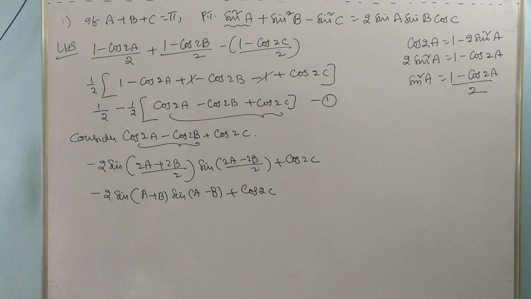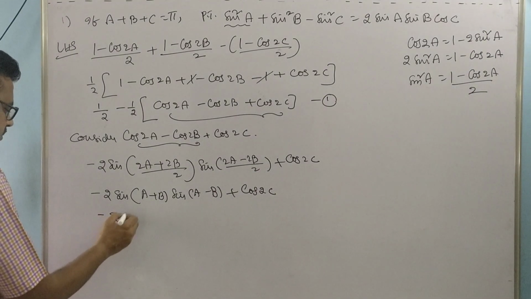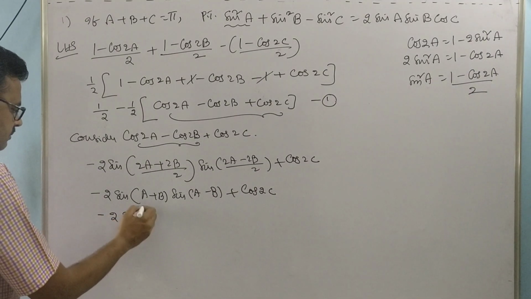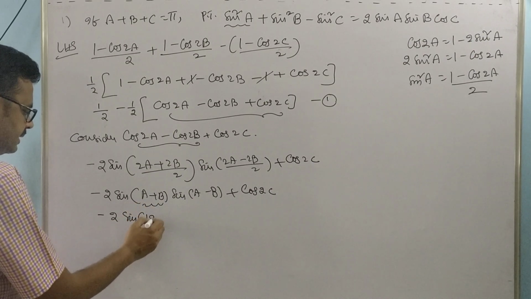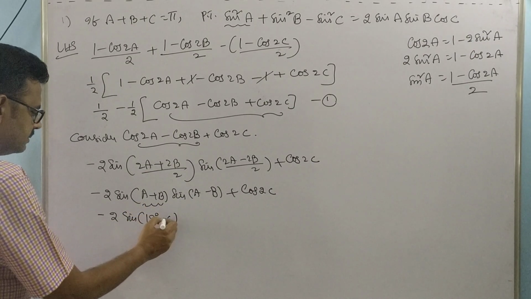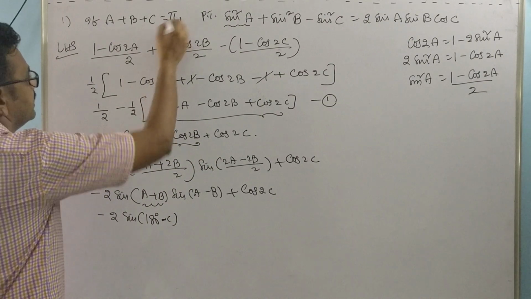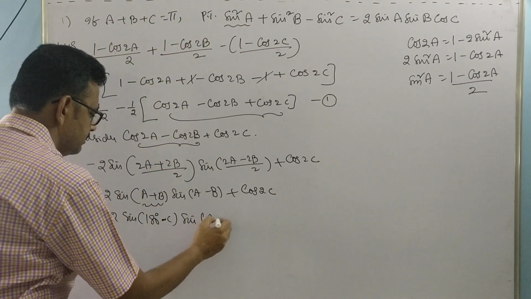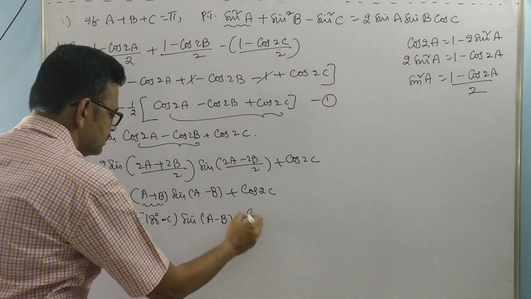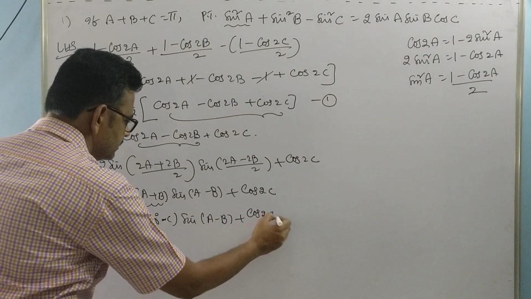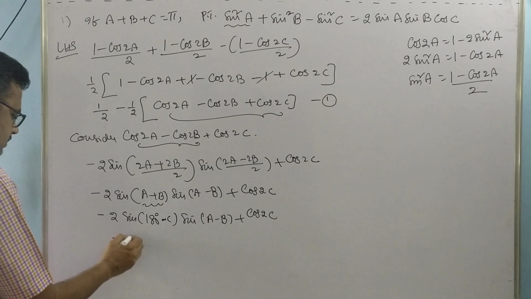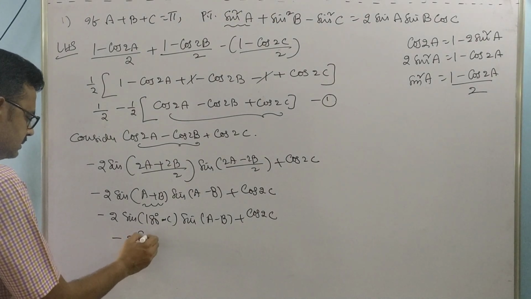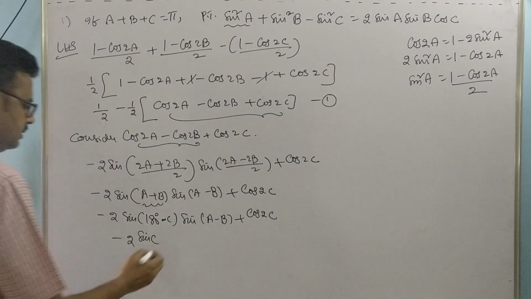Where a plus b is equal to 180 degrees minus c, so cos of 180 minus c is minus cos c.